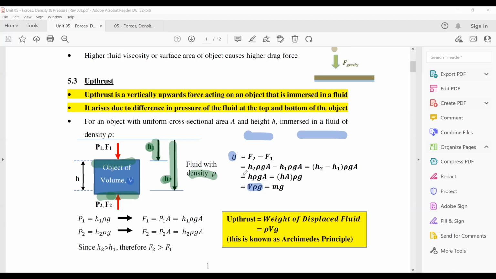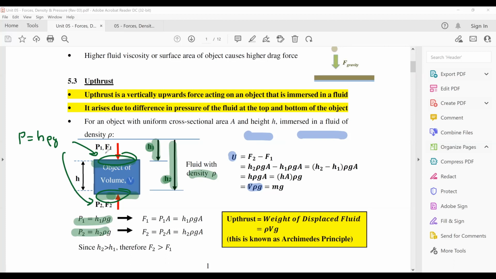Right now, if we ask you what is the pressure at the top surface, you know that pressure is equal to H rho G. If you apply it to this top surface here, it will be P1 equals H1 rho G. If you apply that same equation to the bottom surface, the pressure at the bottom surface will be P2 equals H2 rho G. Now, the pressure acting over an area of the object will cause a force.